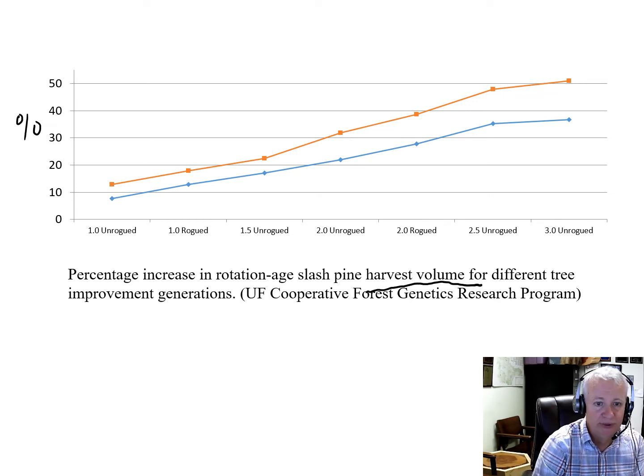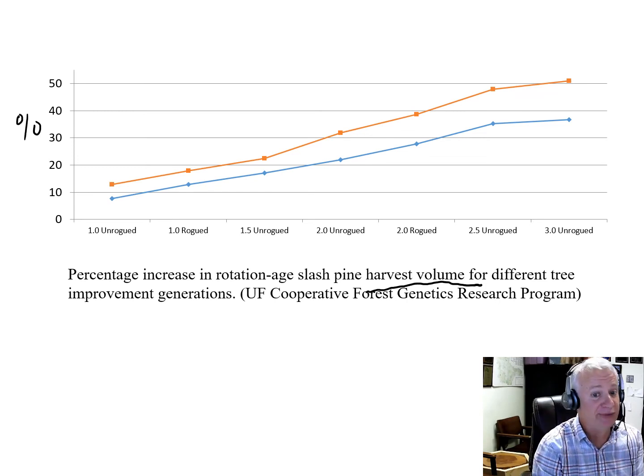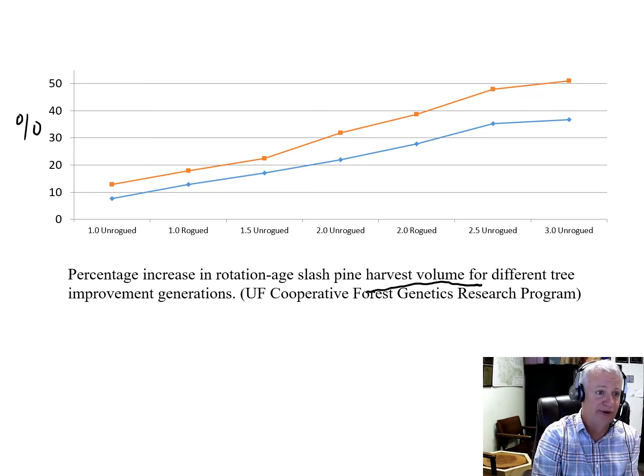The blue is basically individual trees. How much faster do they grow? And the orange takes into account the fact that those improved trees are also rust resistant, so there's better survival in plantations. So that's sort of the fully realized effects of genetic improvement.